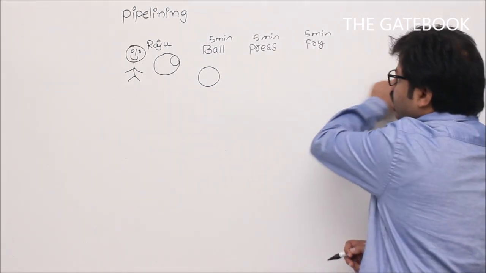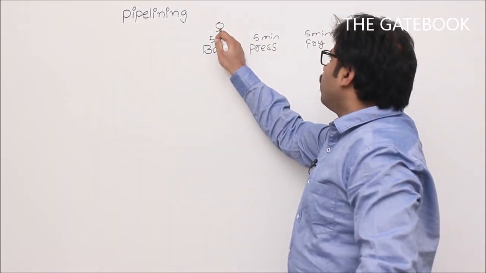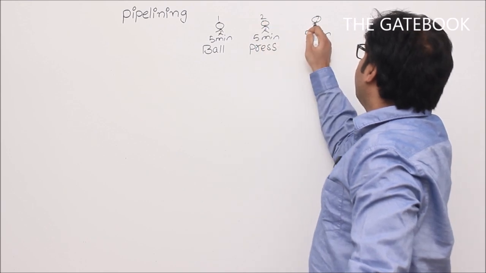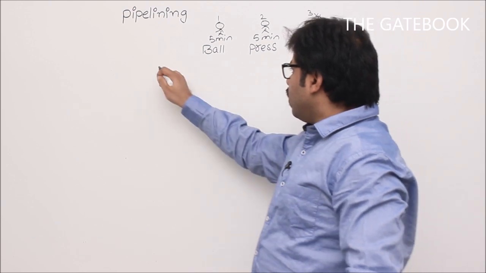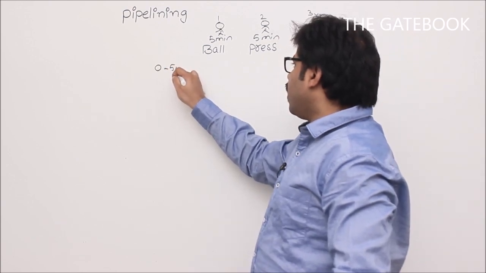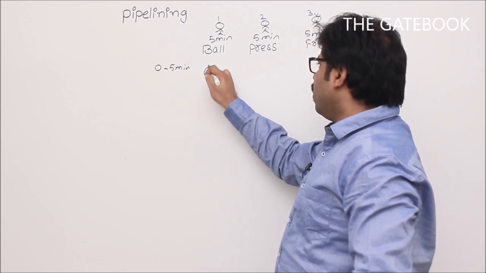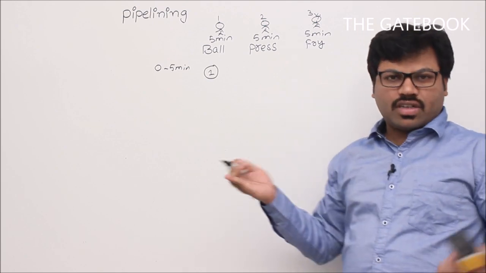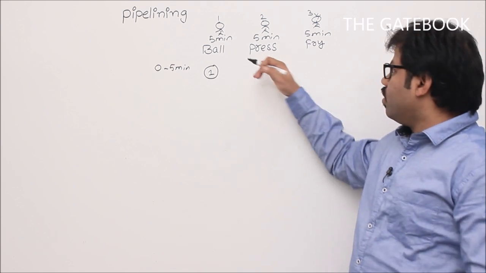To understand that, let us take three Rajus now: Raju 1, Raju 2, Raju 3. In the first 0 to 5 minutes, Raju 1 is going to make a ball, ball number 1. At that time Raju 2 and Raju 3 cannot work, because Raju 2 requires the ball to start working.